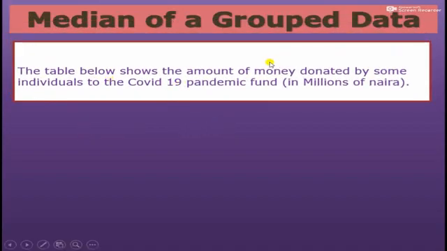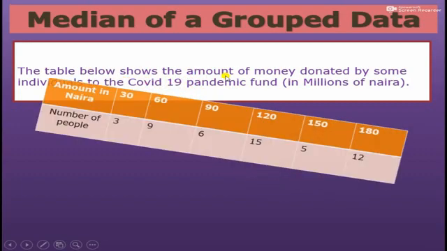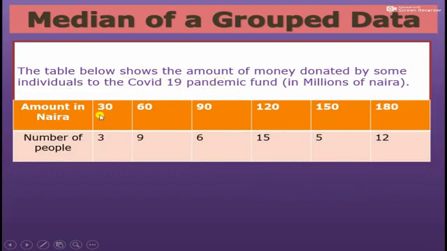The table below shows the amount of money donated by some individuals to the COVID-19 pandemic fund in millions of naira. The first column is the amount of money donated in millions, and then the number of people who donated. 3 people donated 30 million naira each, 9 people donated 60 million, 6 people donated 90 million, 15 people donated 120 million, 5 people donated 150 million, and 12 people donated 180 million.